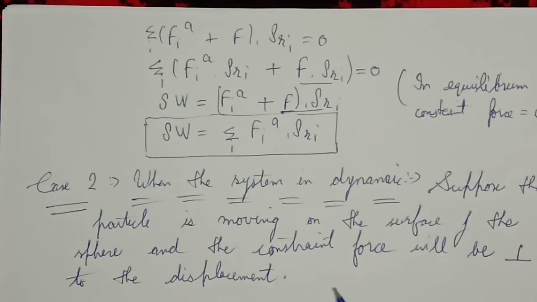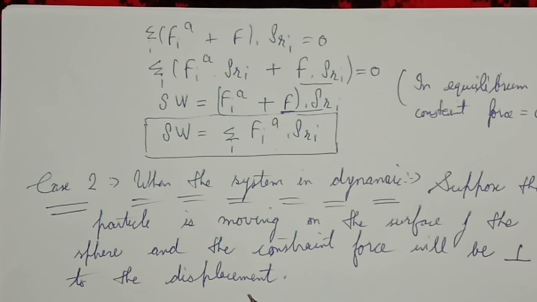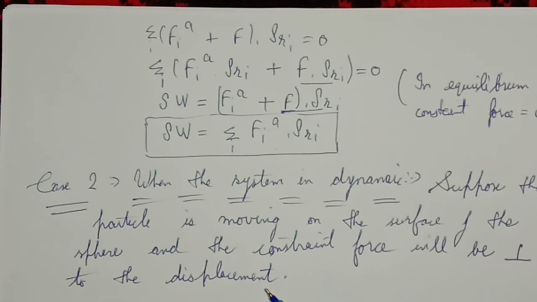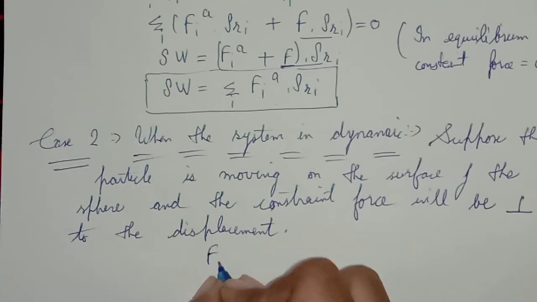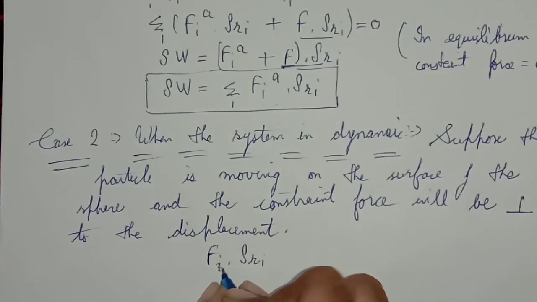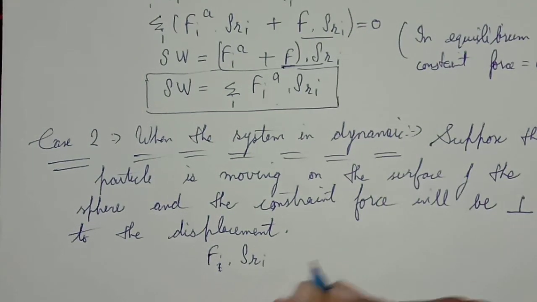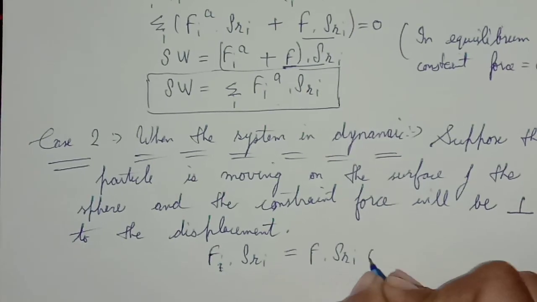That means here our constraint force is not equal to 0. That is perpendicular to the displacement. In that case, the particle moves some distance, and we get the value of delta Ri. So we can write Fi dot delta Ri. This constraint force is equal to F dot delta Ri cos 90 degrees.